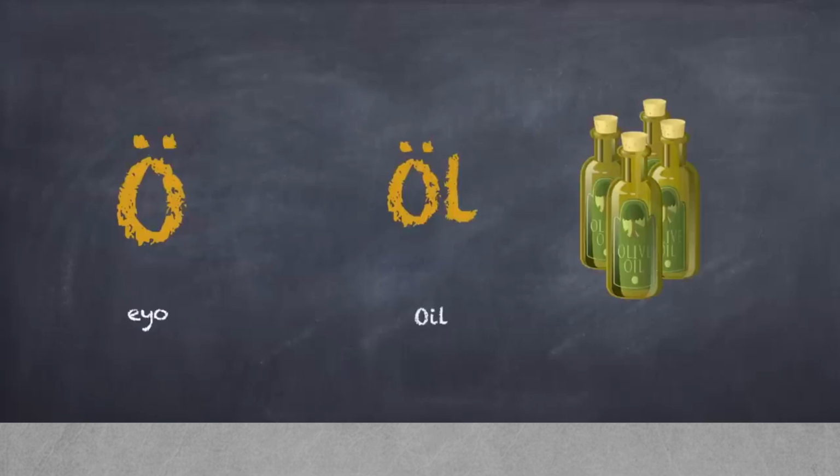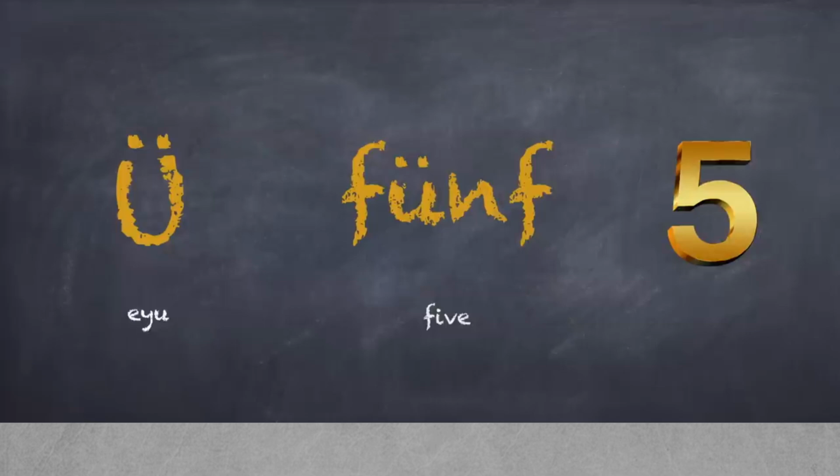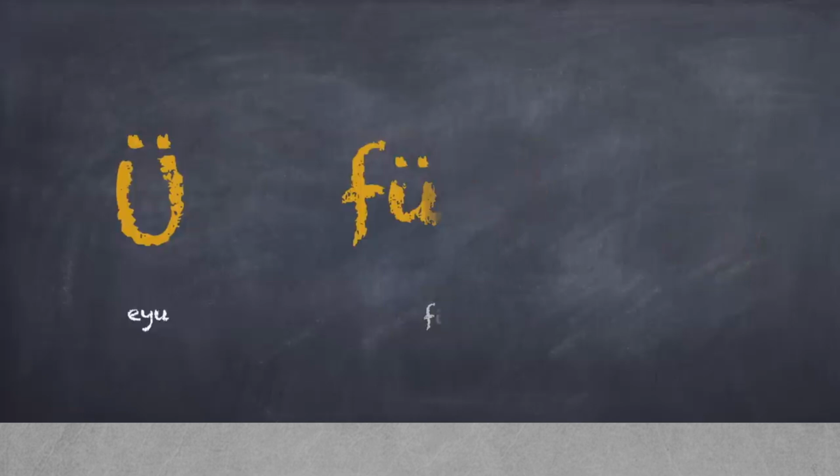Ö. Öl. And the next one is Ü. The umlaut is used only on these 3 letters.